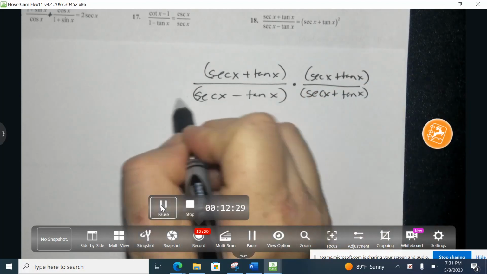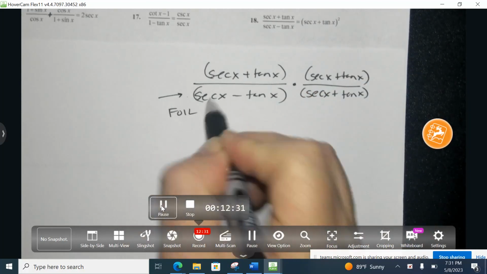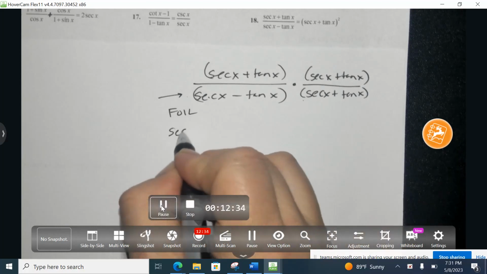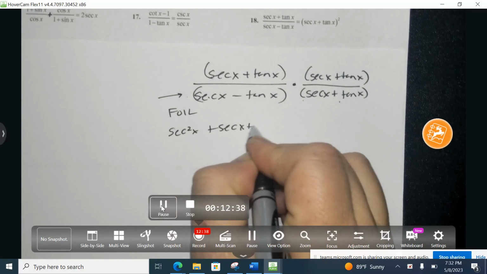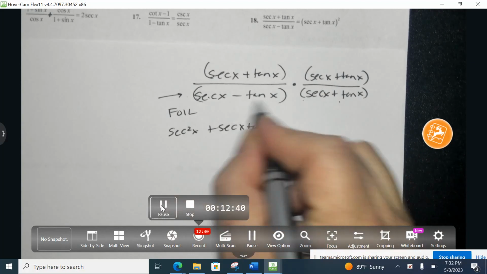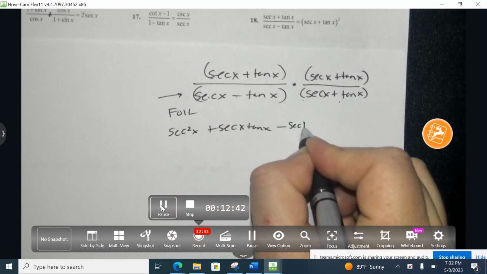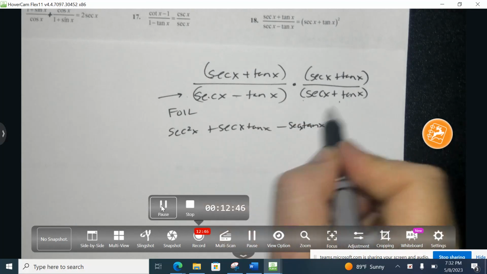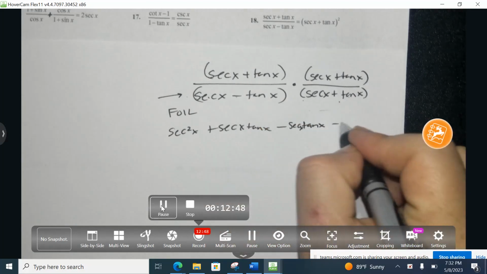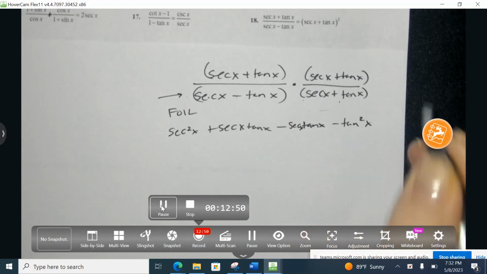So on the bottom, I'm going to FOIL the bottoms right now. So I'm going to do front, okay, there's 2 secants. Outside, a positive secant tangent. Inside is a negative secant tangent. And then last, I have 2 tangents, and it's going to be negative, so negative tangent squared.